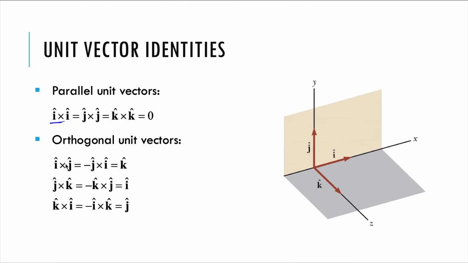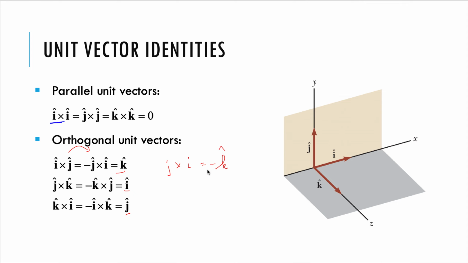I cross J is equal to K, J cross K is equal to I, and K cross I is equal to J. Notice that if we flip the order of the cross product, then we have to add a negative sign. So if you have I cross J, you get K hat, but if you have J cross I, you get negative K.